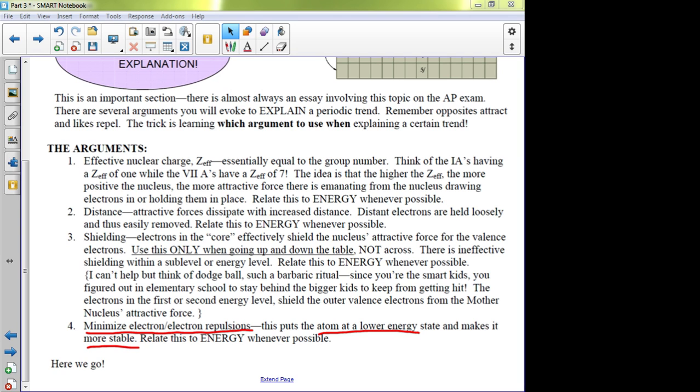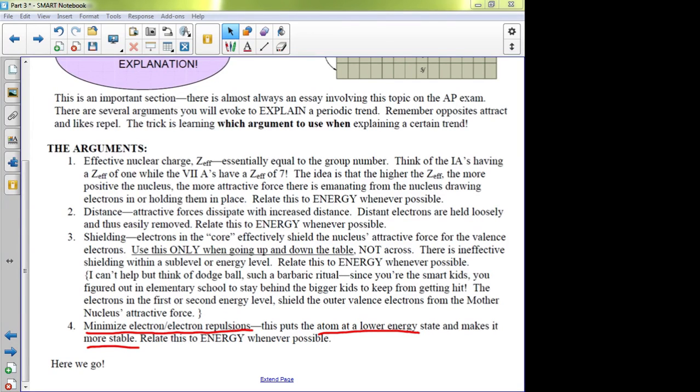So the distance between my electrons and my nucleus is increasing. So that means the attractive force between the nucleus and the electrons is decreasing, which means those electrons on the outer edge are held very loosely, and they're going to be easy to remove.